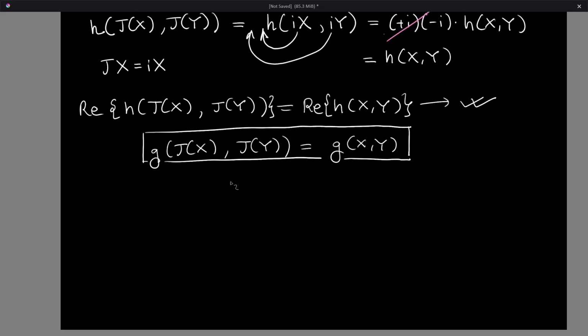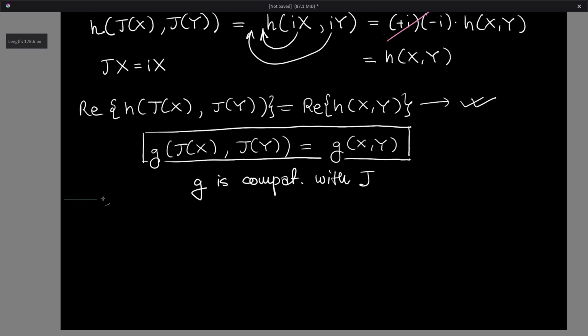So g is compatible with j. They commute with each other, which means that if I use the complex structure on my vector fields and then apply g, it is the same as if I applied g first. So that's why they're compatible.